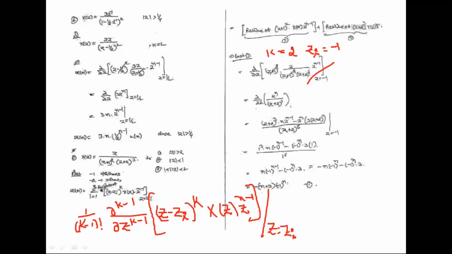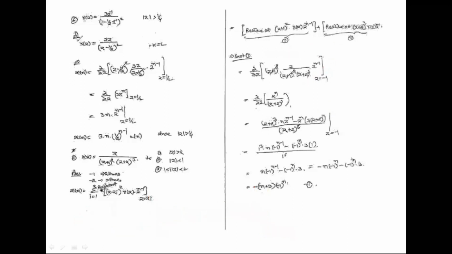That is 3 into z plus 2 whole power 3 minus 1, that is, students, 3 minus 1 is 2, so 3 into z plus 2 whole square. Got it? So I am taking dou by dou z of z power n whole divided by z plus 2 whole cube.